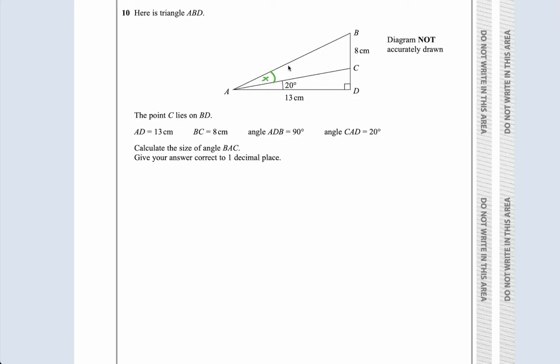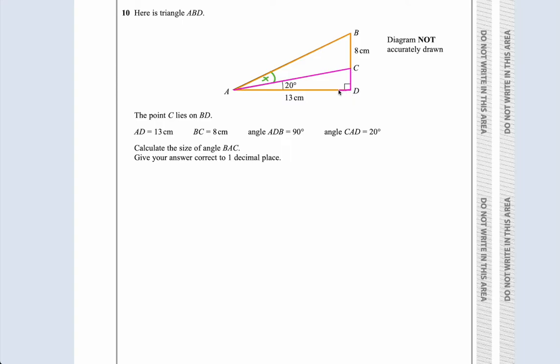X. Okay, so to get this angle, I want you to think about two triangles here. We have a big triangle, which is a big right-angled triangle, and then we have a smaller triangle here, which would be this one.